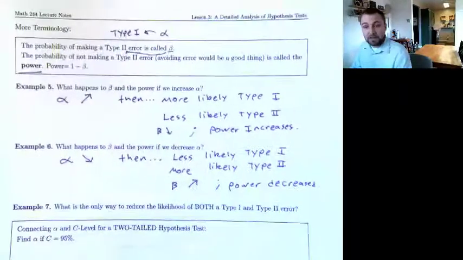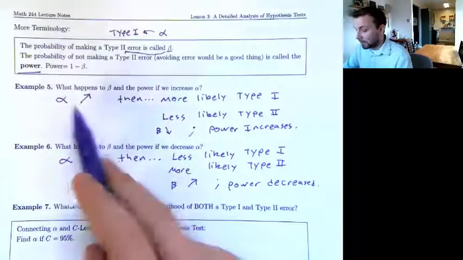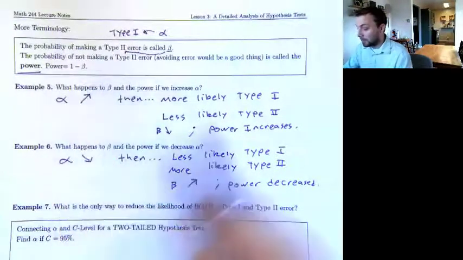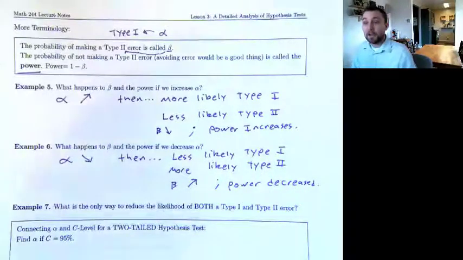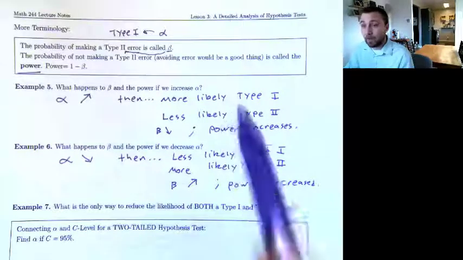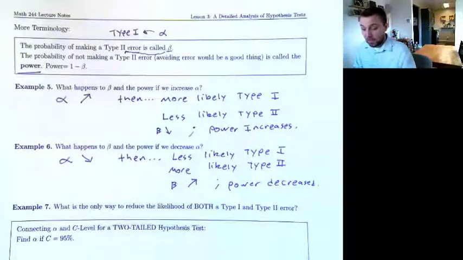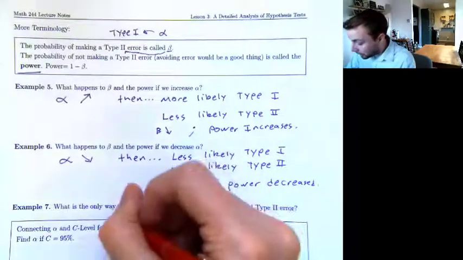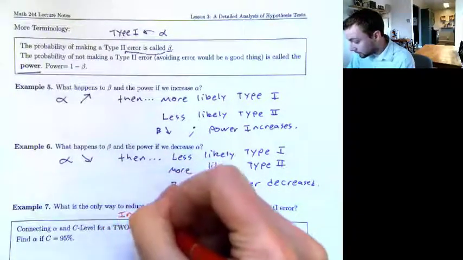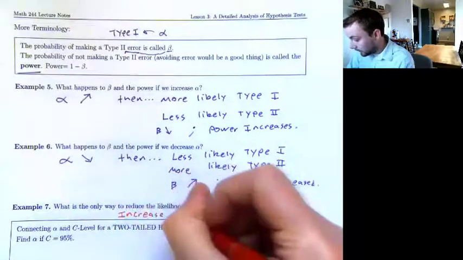Now, if you're looking at this and thinking, well, this is kind of hopeless when it comes to this alpha, no matter what I do, I just seem to be increasing the error. There's actually one way that I can decrease both the likelihood of a type 1 and a type 2 error at the same time. And this might not come as a surprise to you, but I could increase the sample size.